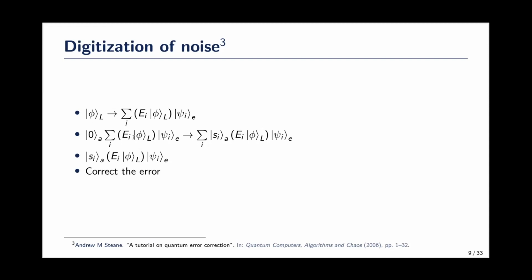In the error correcting process, we prepare an initialized ancilla, and we entangle the qubits with the ancilla for the syndrome measurement. We can represent that like this. After the syndrome measurement, it becomes one of the S_i, and we can correct the error by applying E_i.